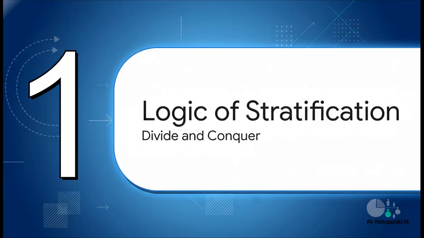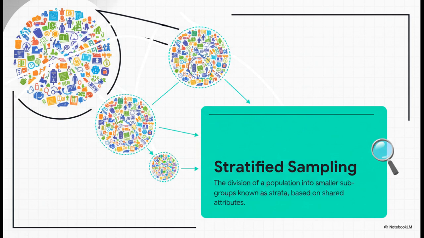Okay, first things first, before we even think about touching a formula, we have to understand the core idea. What is stratified sampling, and maybe more importantly, why is it so darn useful? Let's break it down. Really, at its heart, stratified sampling is a divide-and-conquer strategy. Think about it like this. You've got a giant, messy pile of laundry.